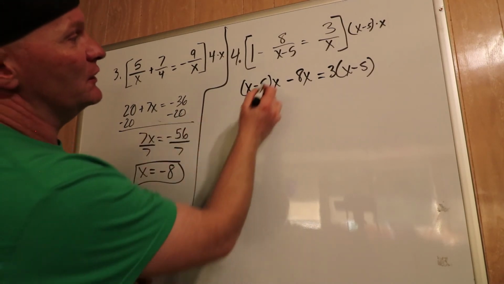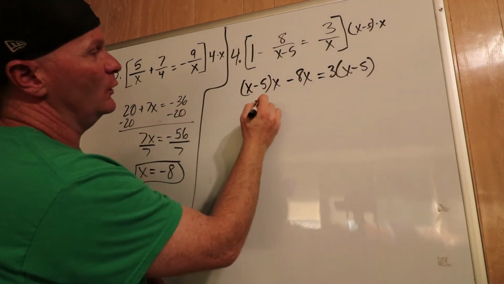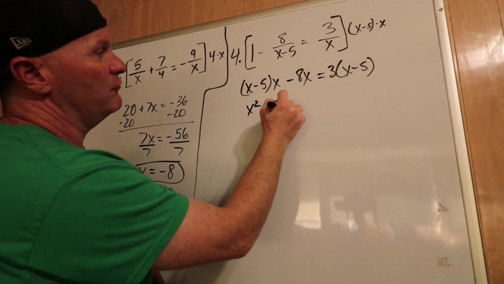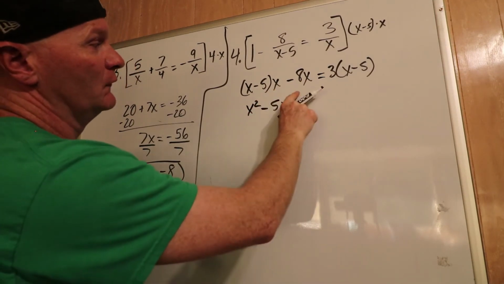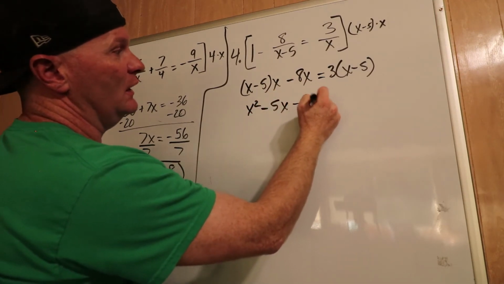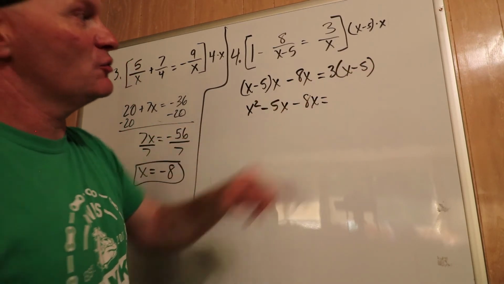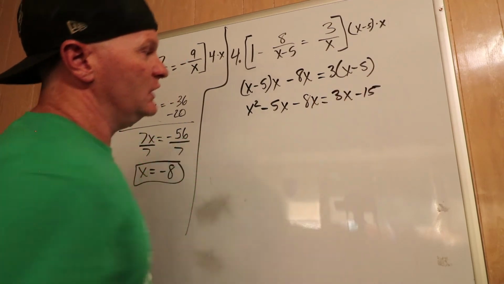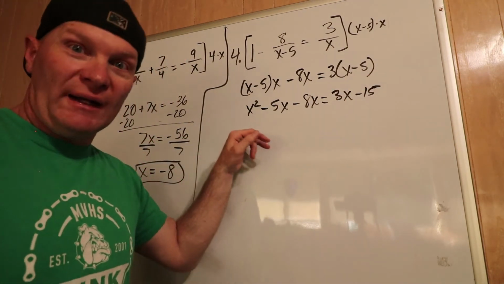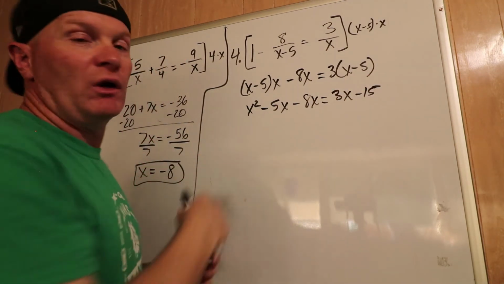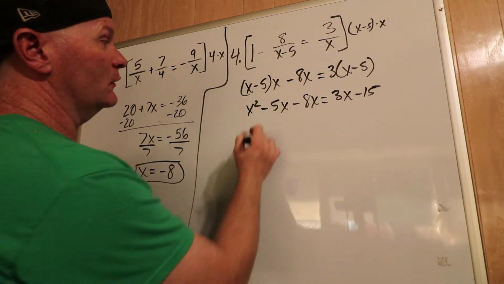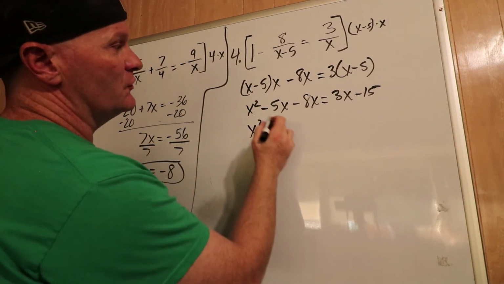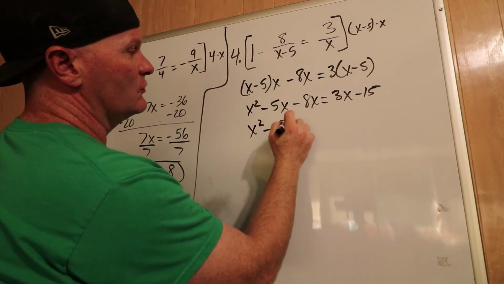Okay, let's multiply this. Let's see, x times x is x squared. X times negative 5 is negative 5x. And then we got minus 8x. And then over here we distribute, we get 3x minus 15. This looks like a quadratic. So we want to get everything on one side of the equal sign and hopefully it'll factor. Let's see, that's negative 13x.